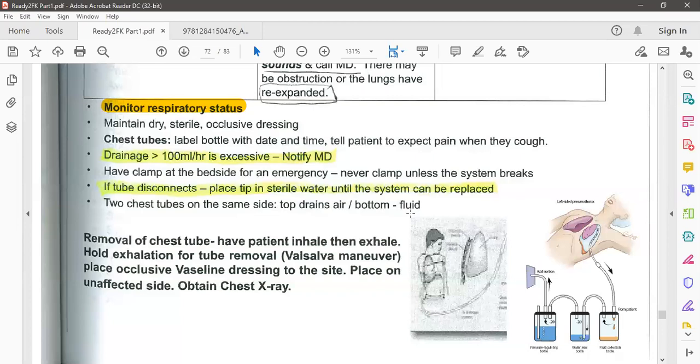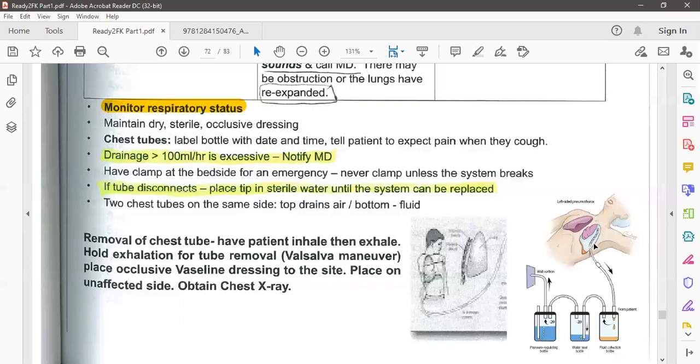So nursing care, I said, we always assess the chest tube insertion site like this one. At the insertion site, we check for any kind of erythema, pain, or crepitus. Position of the patient is always semi-Fowler or high Fowler posture.